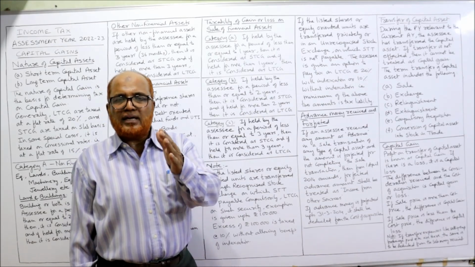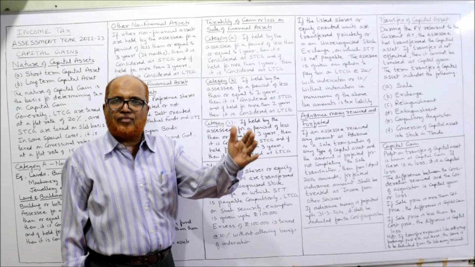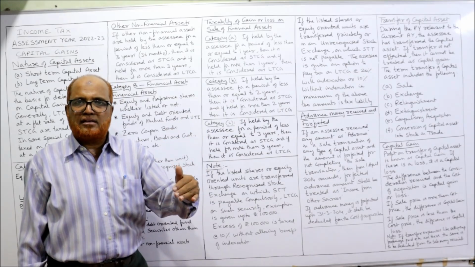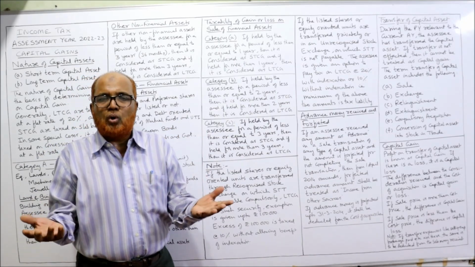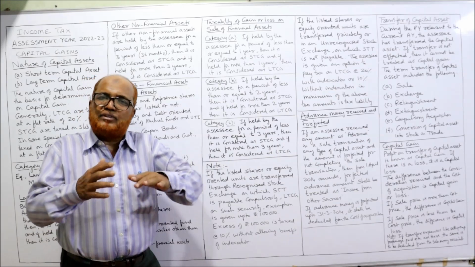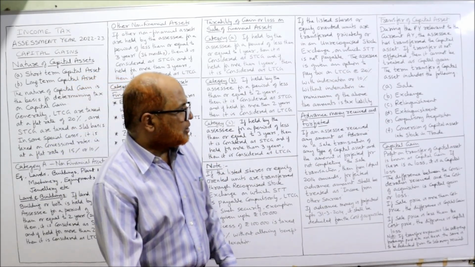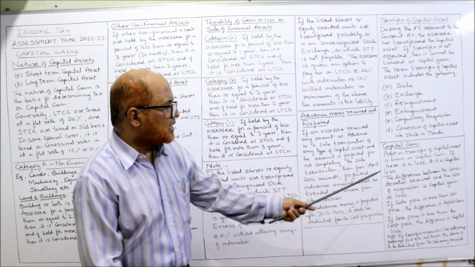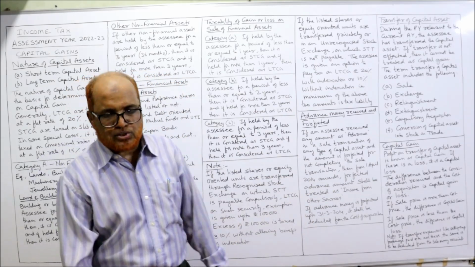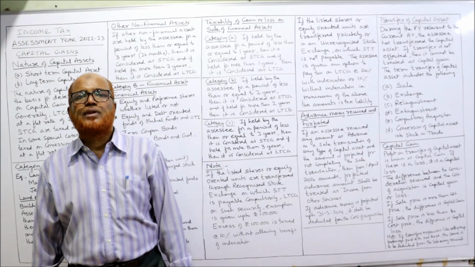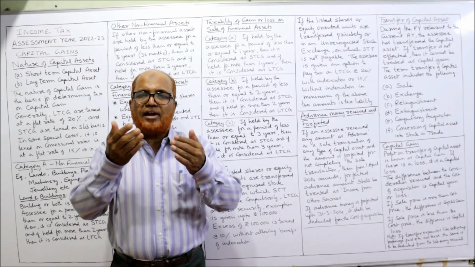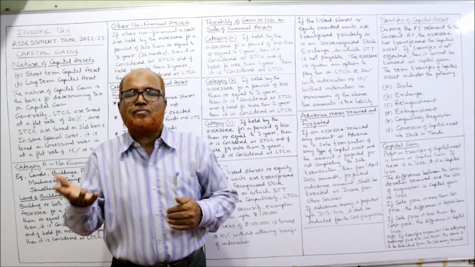Whenever the capital asset is transferred and gain arises, then only it will be capital gain. If there is no capital asset, no capital gain. If there is no transfer of capital asset, no capital gain. The difference between the consideration received and the cost of acquisition is the capital gain or loss.